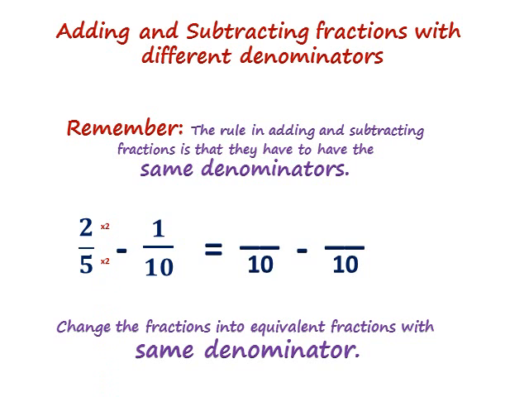You just multiplied it by 2, so you also multiply the numerator. So that becomes 4 over 10. And for 1/10, you multiplied it by 1, so that stays 1/10. Now since you have the same denominator, you can subtract the numerators, and that would be 3 over 10.